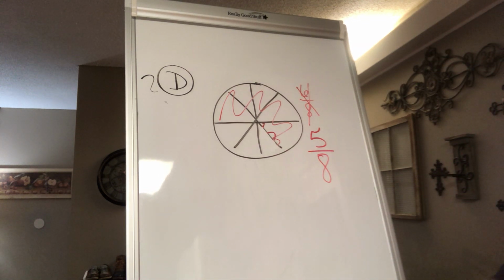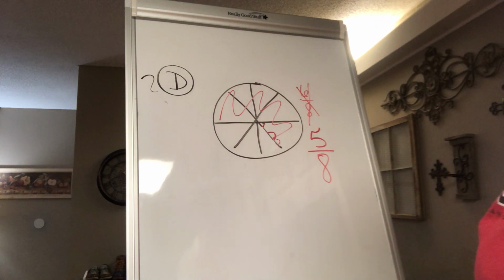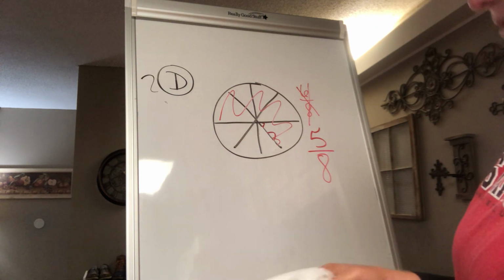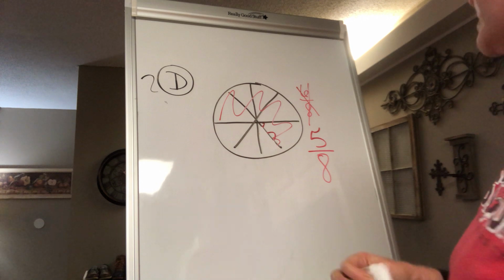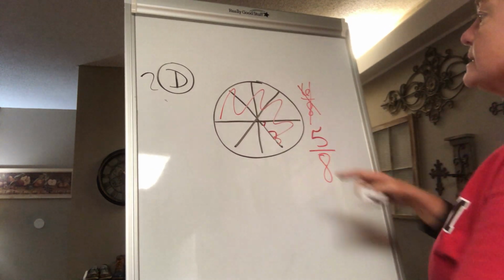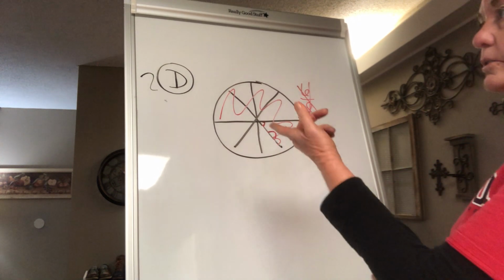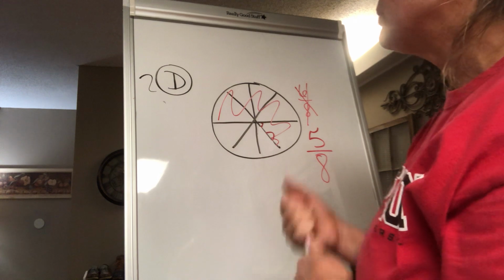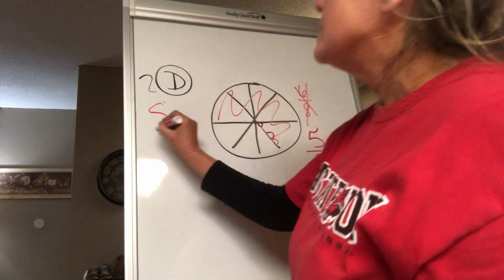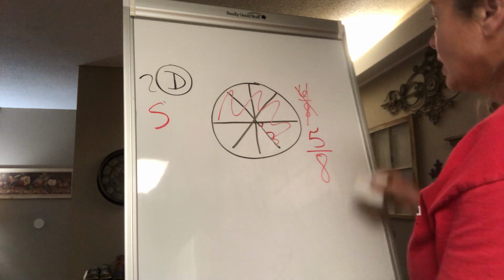Okay? So my bad. Sorry y'all had to erase, but we all make mistakes. As long as we learn from them, that's what's important. Okay, so we had to take our 6/8, but then we had to subtract another 1/8. So this one, we were actually having to subtract fractions instead of multiply or divide.